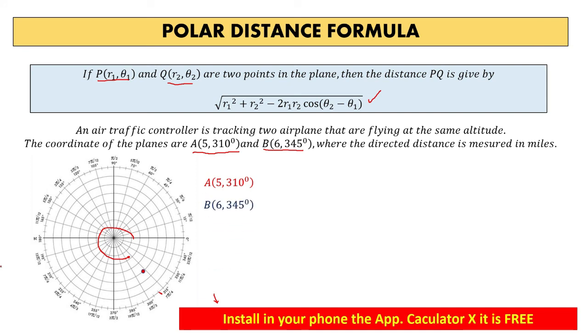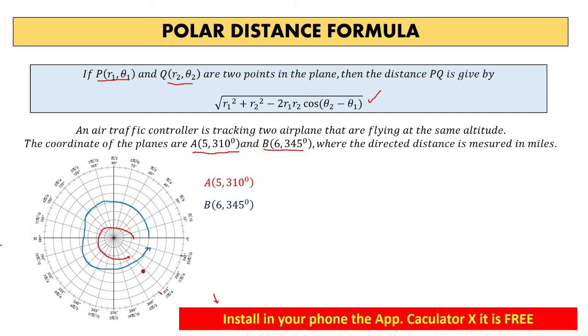Another point, B, is 345 degrees. Now you study here. 345 is this angle here, counterclockwise. You move until 345. This is here, and 6 units.